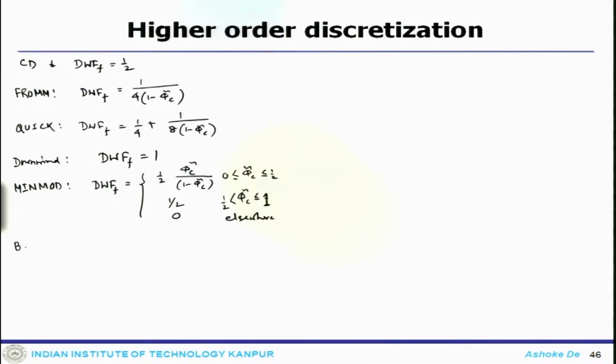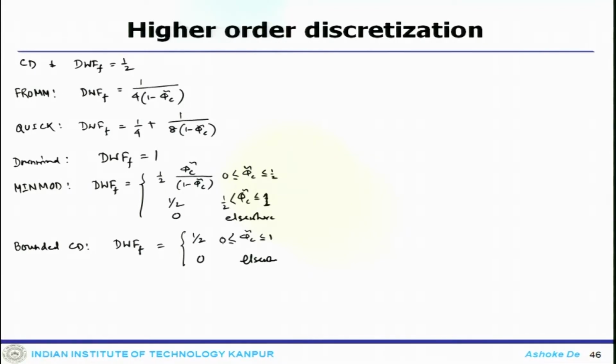Now, for bounded CD, the DWF is half or 0 elsewhere, where phi c tilde lies between 0 and 1.